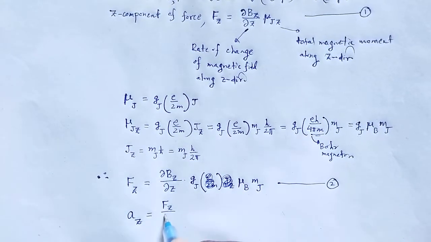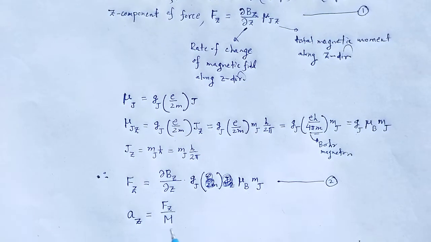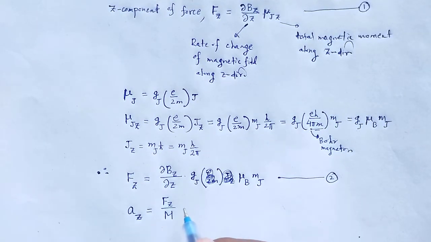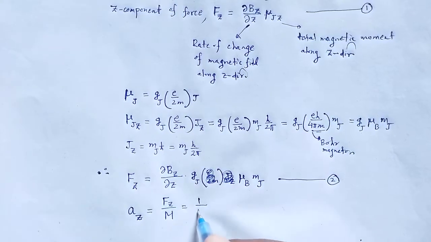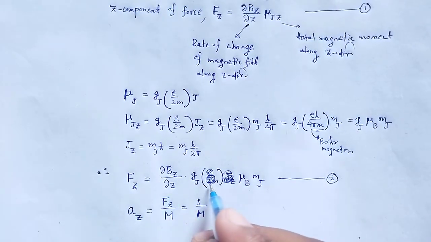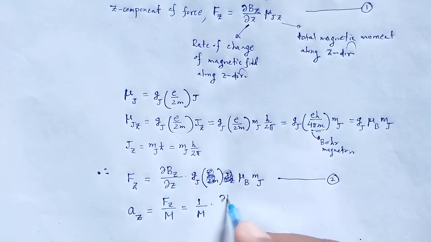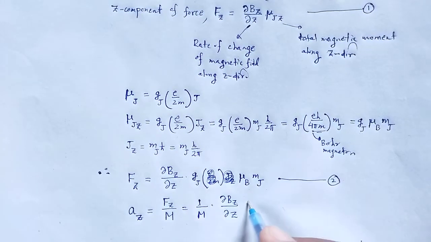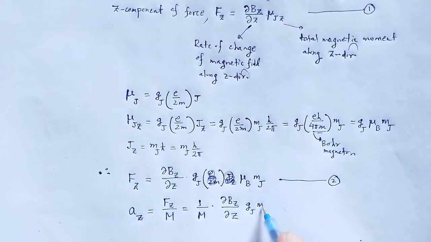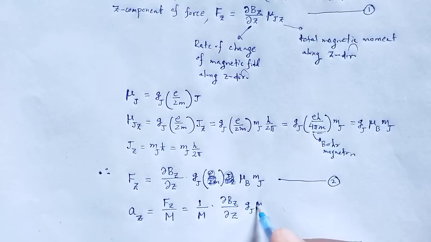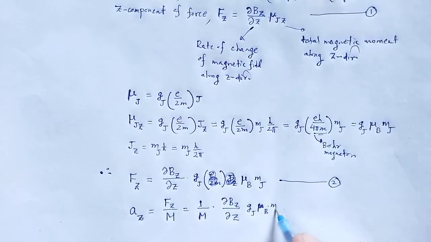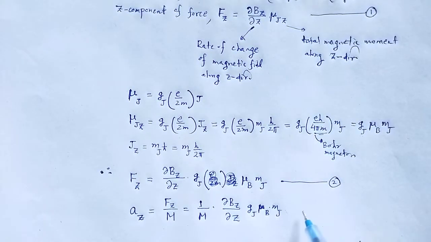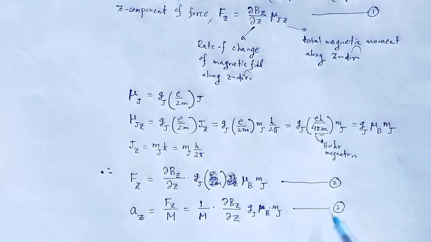Let the mass of atom be capital M, so 1 by M, the force term, that is del Bz by del z gj mu B mj, that is equation number 3.